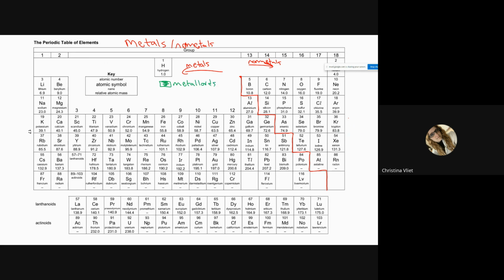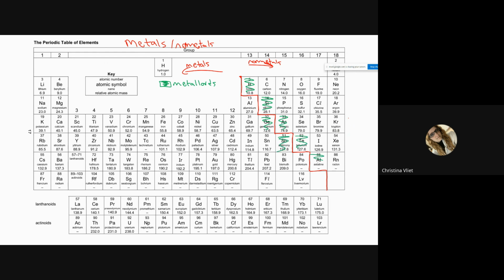Where exactly are your metalloids? On your staircase. They are the elements on the left and right-hand side of it, except for 2 exceptions: aluminum and polonium. Those are actually metals. So we're going to shade in our metalloids in green.